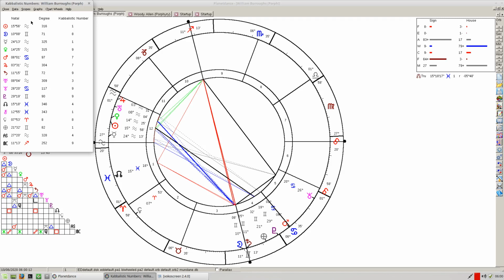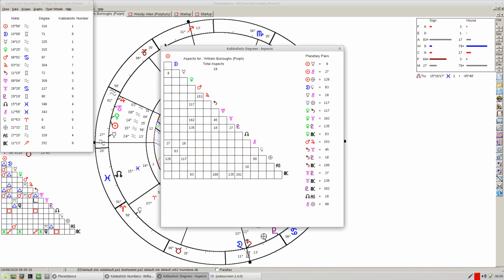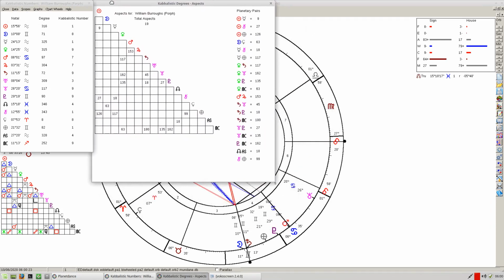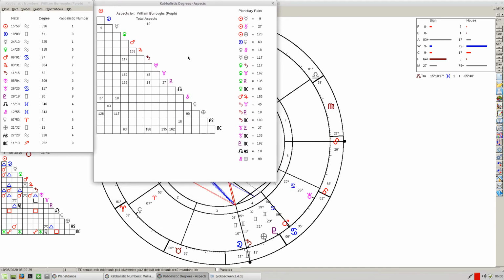Looking at the various menus you have available within the module, under the data menu you can show an aspect grid which highlights all those planets that are formed by 10th harmonic aspects. So you'll see here a very important combination for William Burroughs, the example chart we're using: Venus, Saturn, Venus, Neptune, Venus, Pluto.